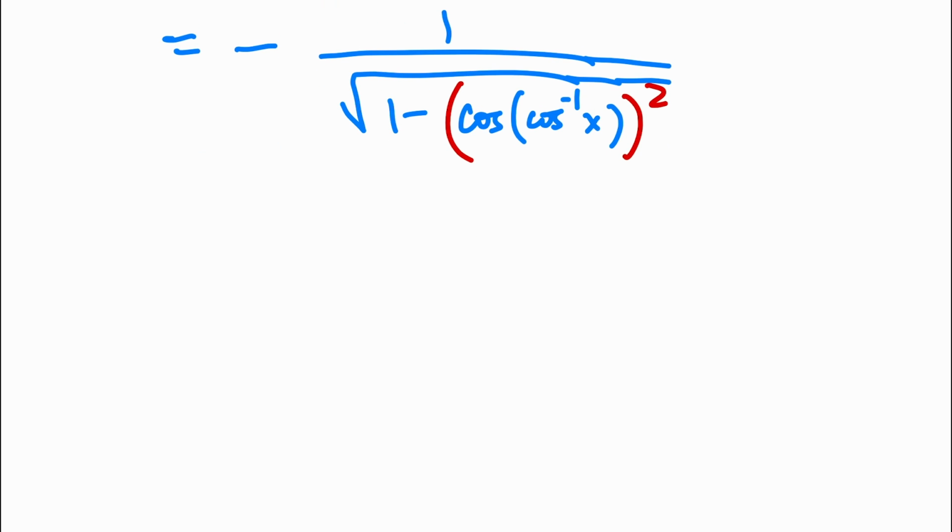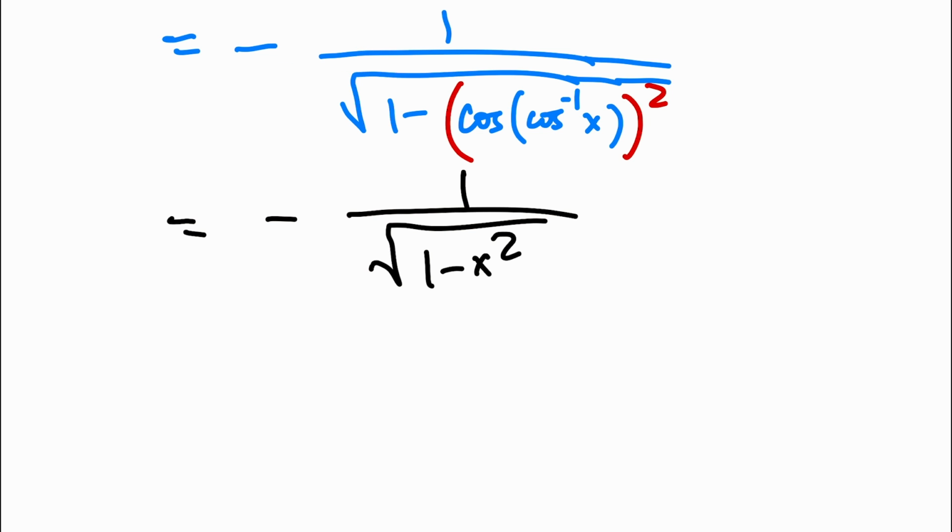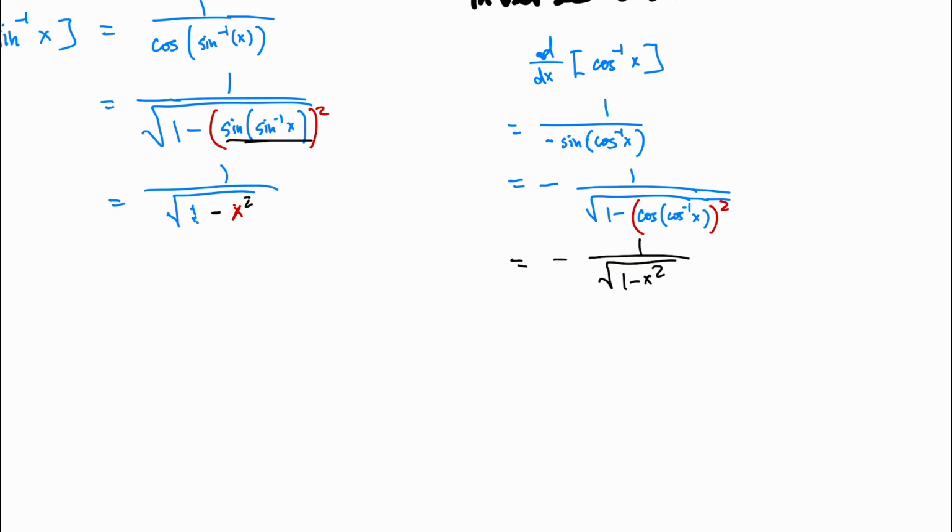Well, that's pretty obvious now that our final result would be negative 1 over the square root of 1 minus x squared. And if we compare our results on both of these, we notice that one of them is positive and one of them is negative, and the other part is identical.